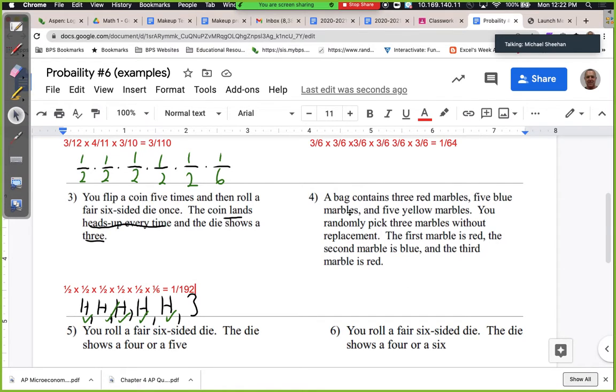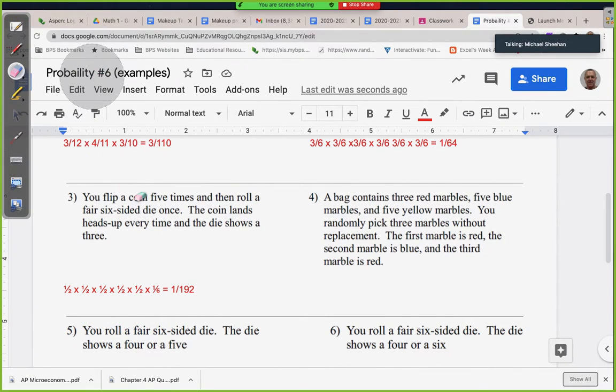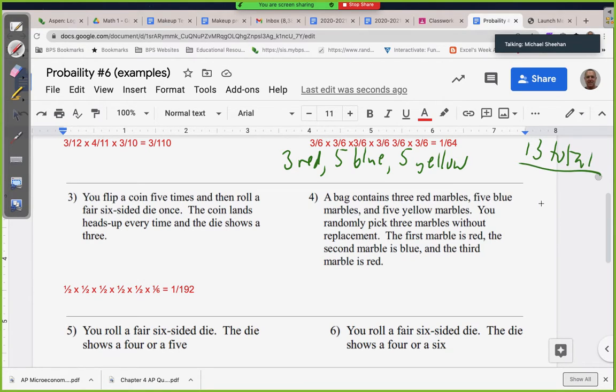All right. A bag contains 3 red, 5 blue, and 5 yellow marbles. And that's 13 total marbles.